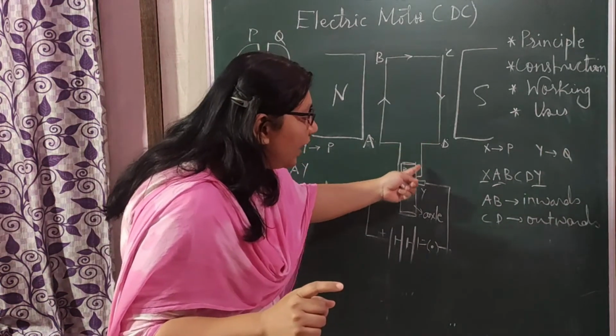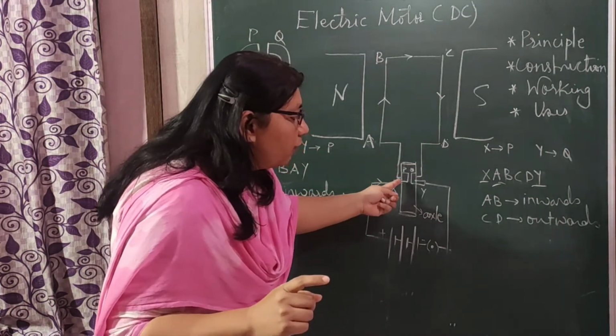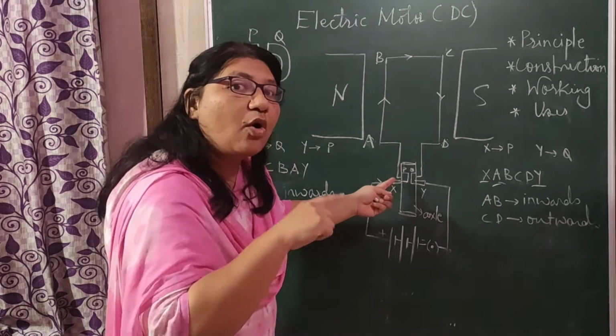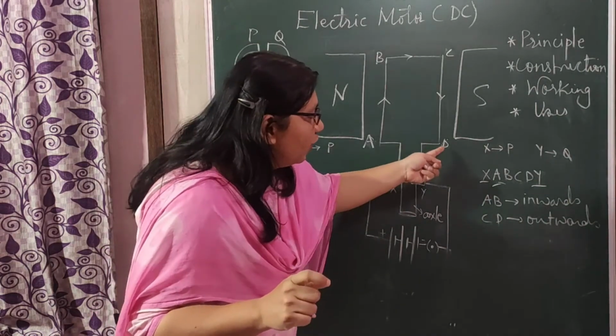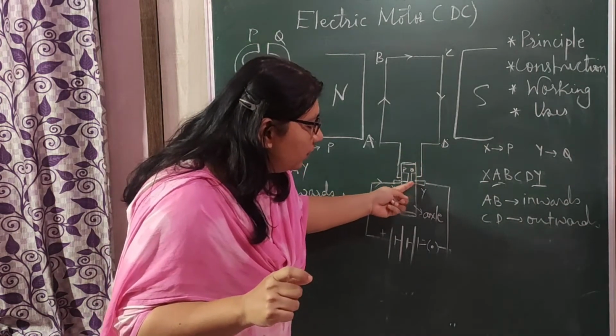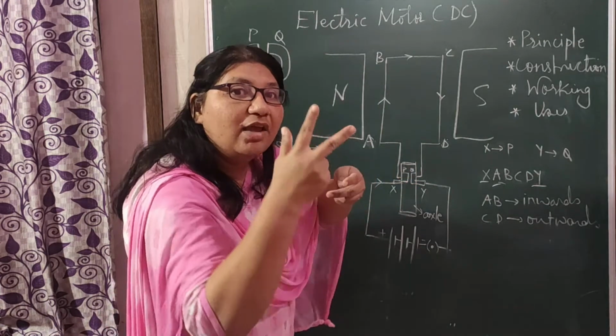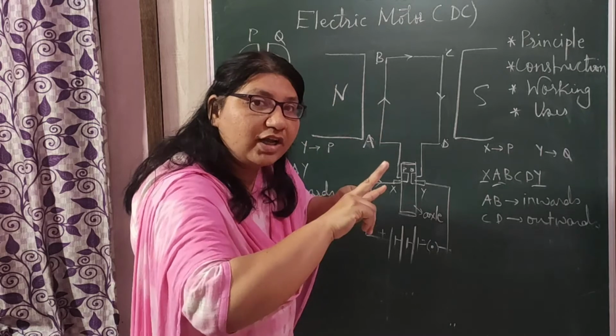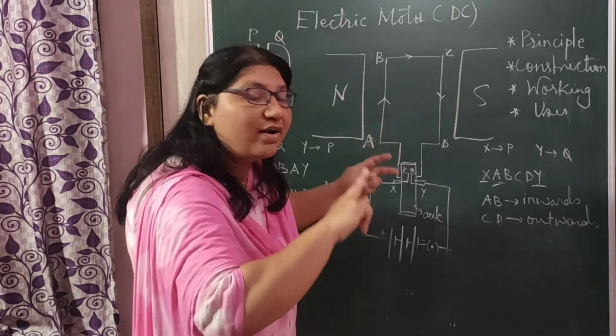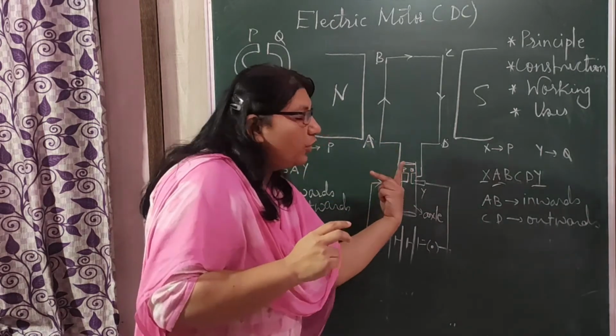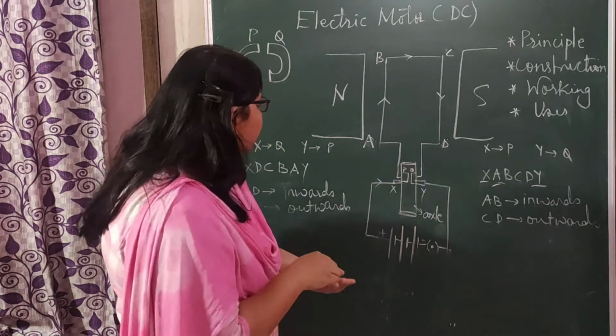But just look at the portion of the split ring to which this coil is connected. Just look at this. D is connected to Q and A is connected to P. If this coil is going to complete one rotation, what is going to happen?